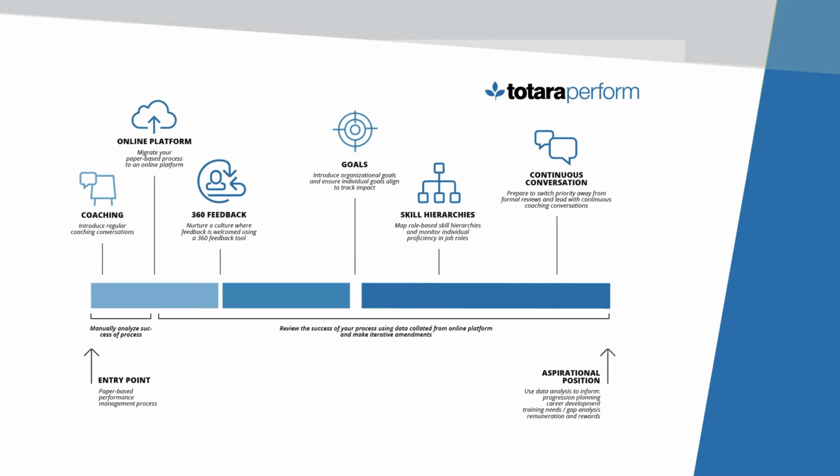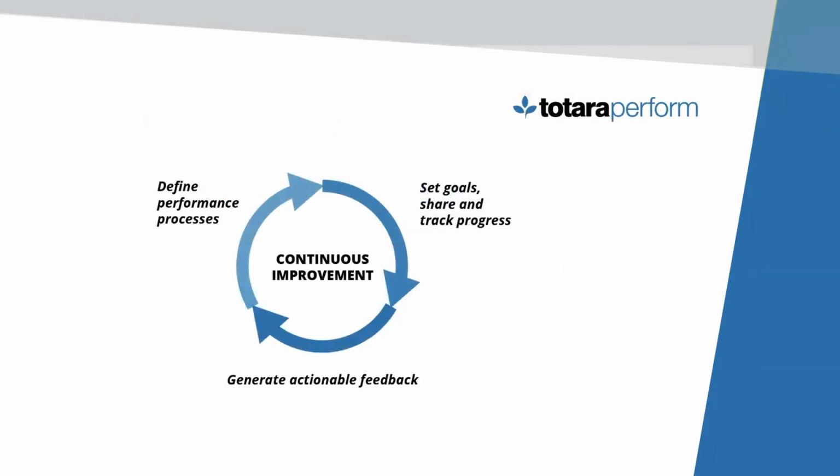into Totara Perform. Now, the idea behind Totara Perform and our ongoing goal and sort of mission, I suppose, and long-term vision for Totara Perform is to create a platform, a performance management and development platform that encourages and supports continuous improvement and continuous performance management processes.